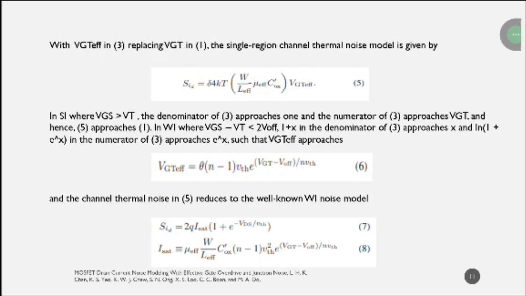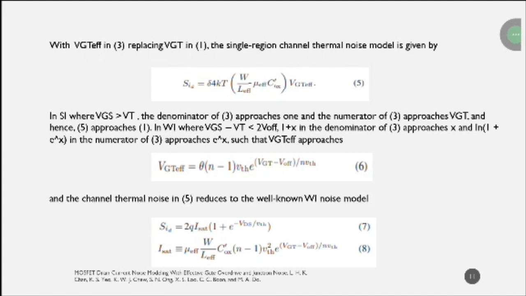In strong inversion region, VGS will be greater than VT. So the denominator of equation 3 approaches 1 and the numerator of 3 approaches VGT. So equation 5 will be strongly equal to equation 1.